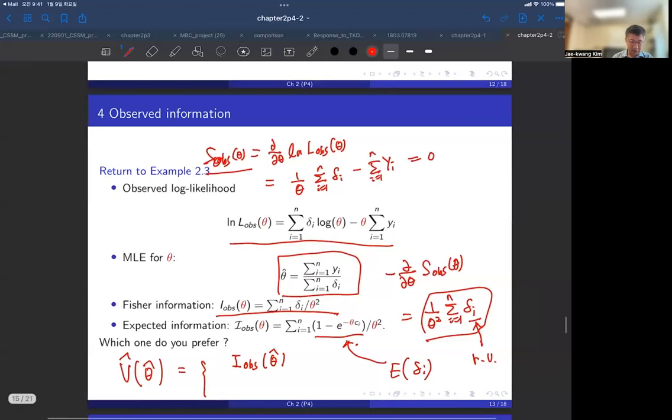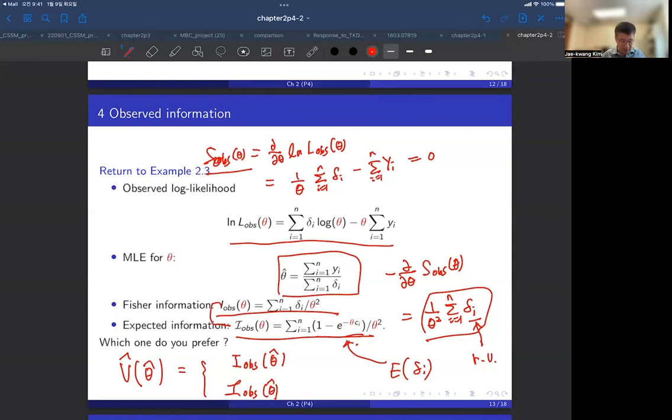The other option is you compute the expected Fisher information and plug it in. So you have two different choices, this one and this one. And which one do you prefer? That is the question.